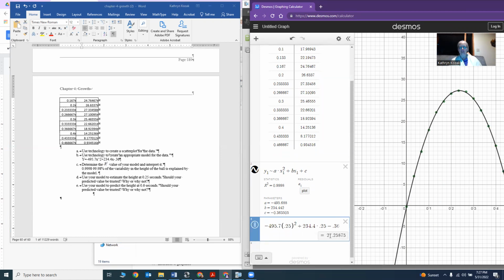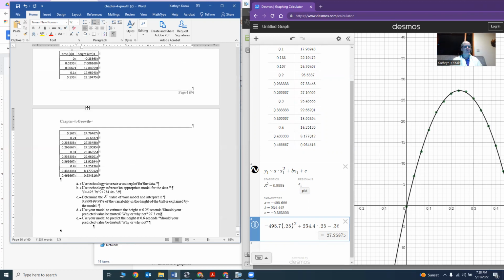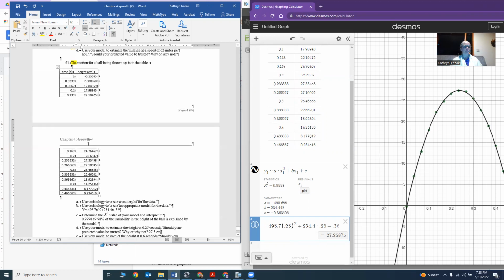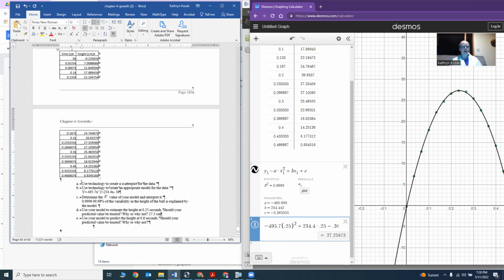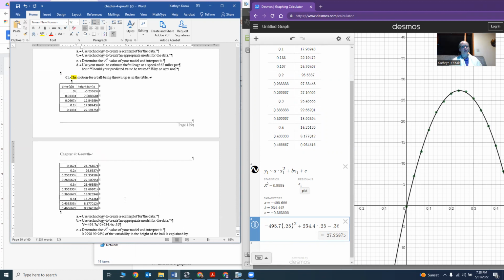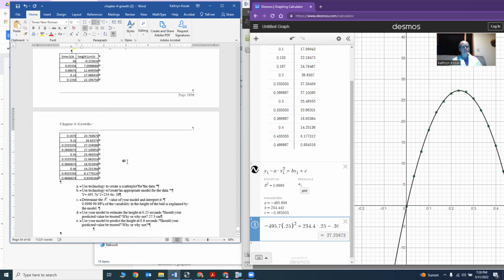And there's what height it's going to be, 27.3. So at 0.25 seconds, the height is 27.3 centimeters. That's how high above wherever I threw it, the ball is. Or the table, I guess.